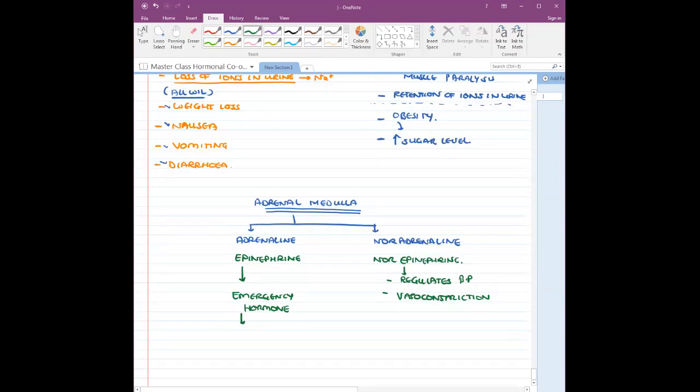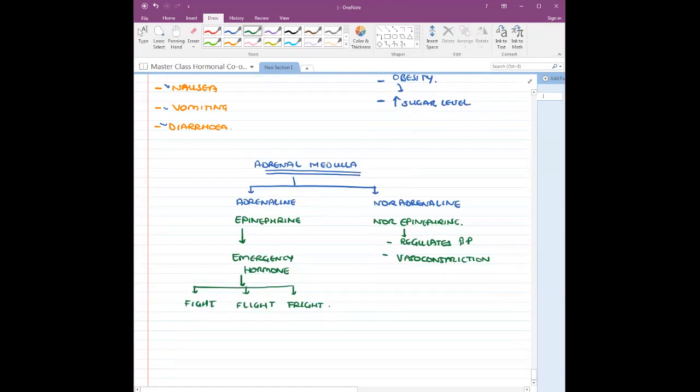So when is this thing really going to be produced? Guys, this is going to be produced in the case of fight, or in the case of your flight. So fight, flight, or fright, then only this hormone is going to be produced. And because it is produced in these conditions, guys, this is also known as the 3F hormone.